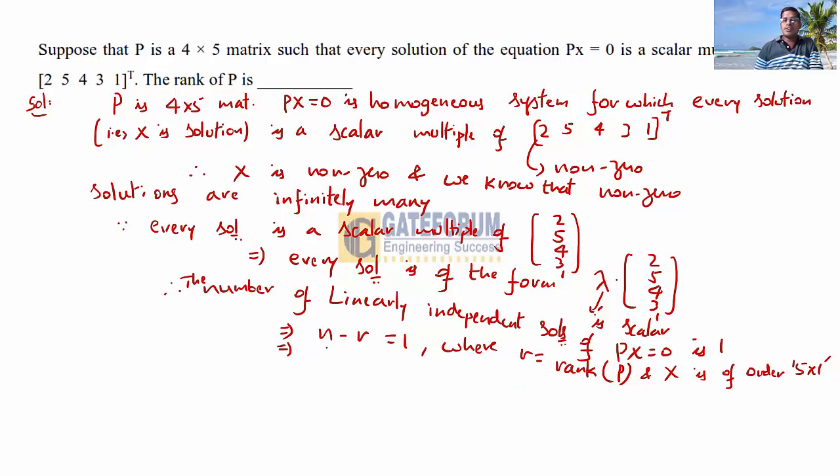That means the solution contains the number of variables also. That means n is equal to 5, and 5 minus r is equal to 1 implies r is equal to 5 minus 1, which is 4. So 4 is the rank of P.